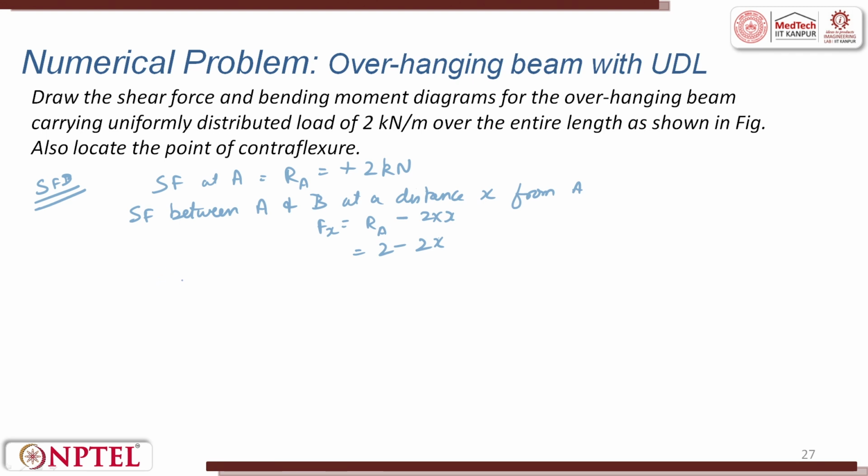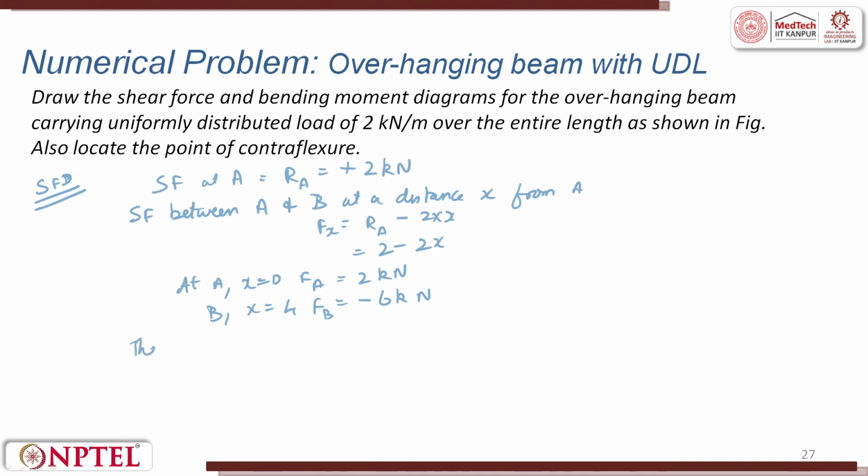At A where x equal to 0, FA is 2 kilonewton. At B, x equal to 4, FB equal to minus 6 kilonewton.